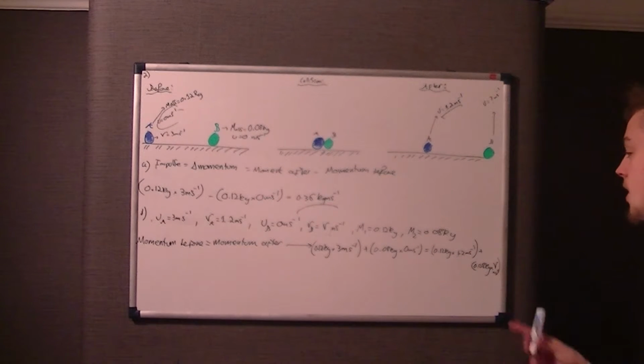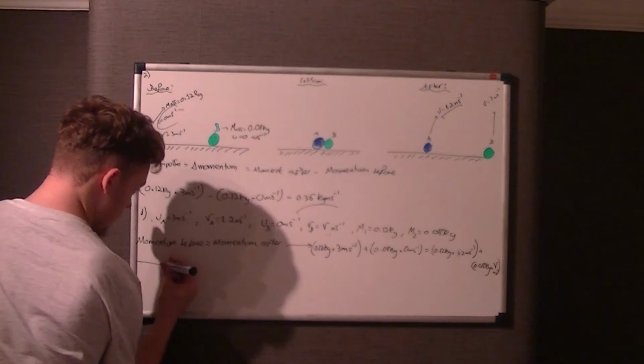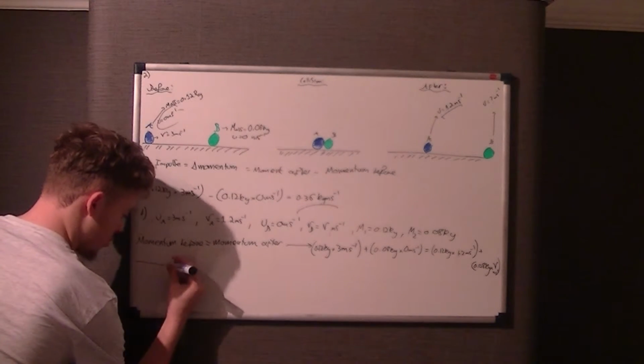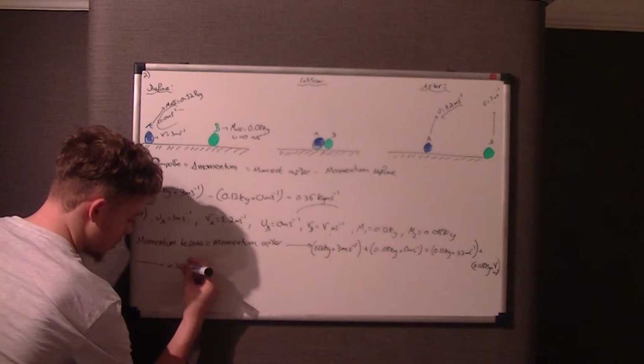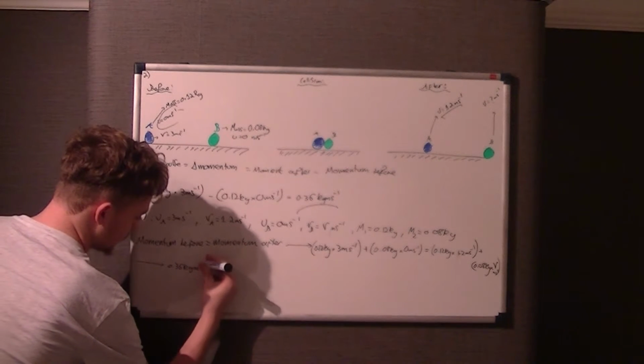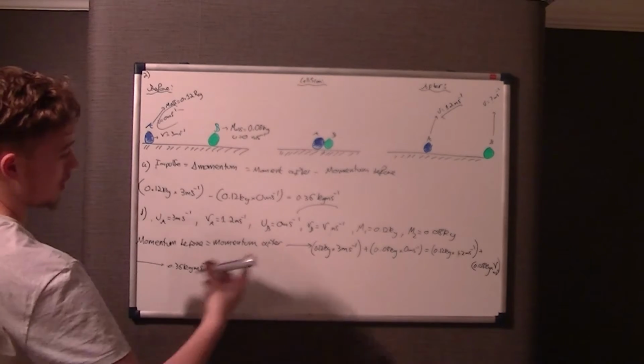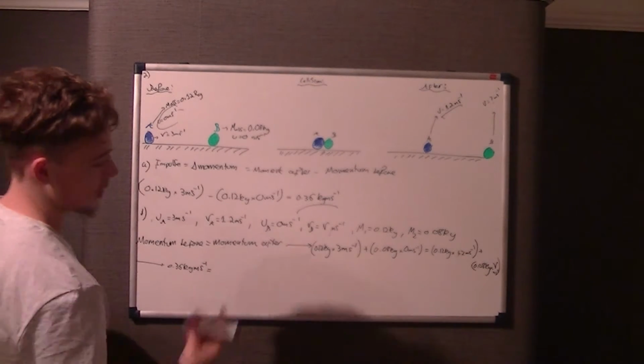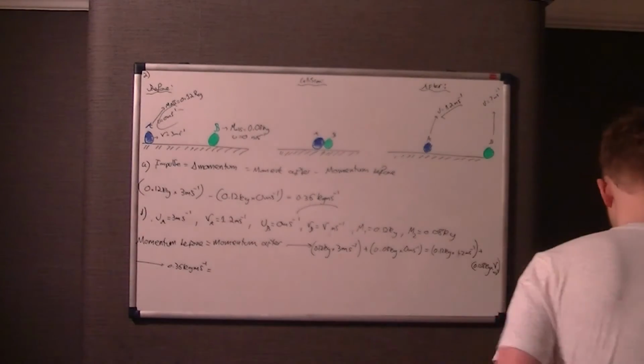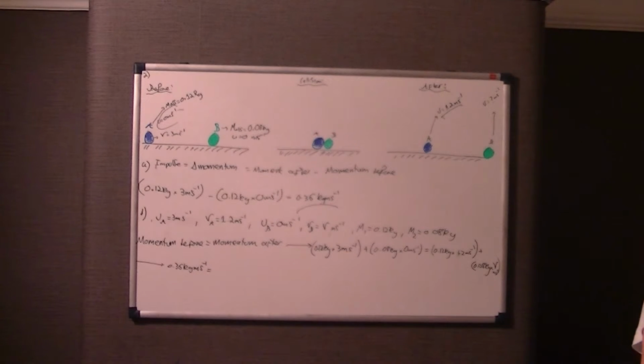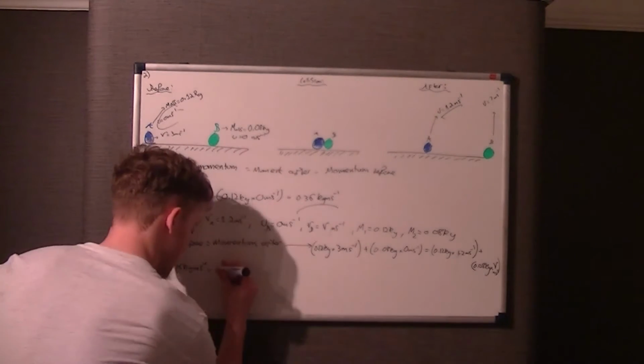Okay, so what you would do is work that out. On the left-hand side, the momentum before totals 0.36 kilogram meters per second. On the other side, you just need to work out what 0.12 kilograms times 1.2 meters per second is, which should get you 0.144 kilogram meters per second.